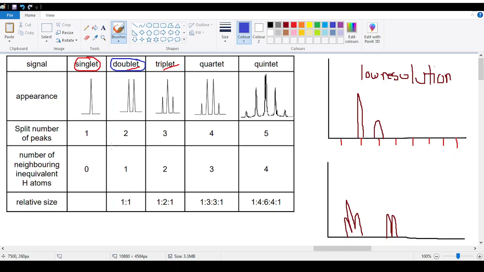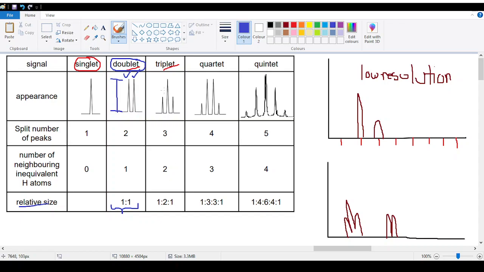And you can see that they have the same size, the individual peaks are a similar height. This peak and this peak have the same height, which is why the relative size is 1:1. Do we understand why the relative size is 1:1? Because their heights are the same.